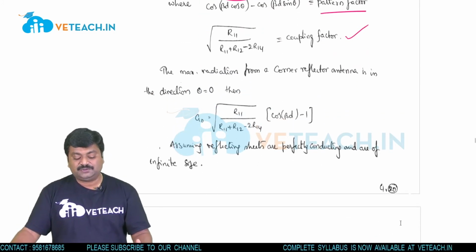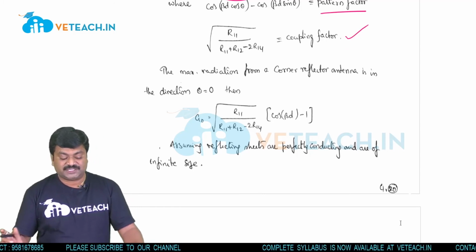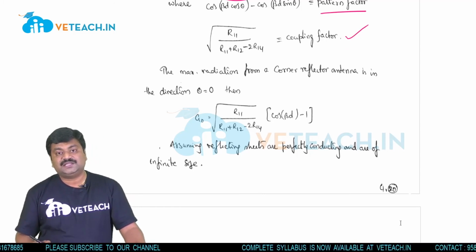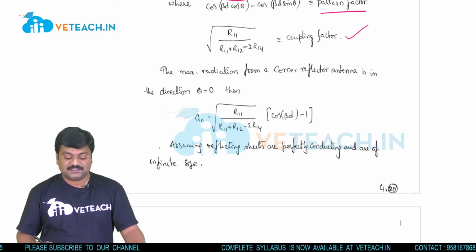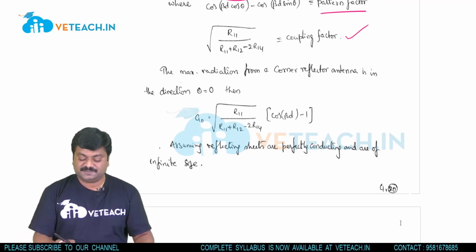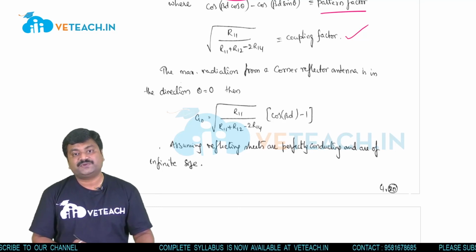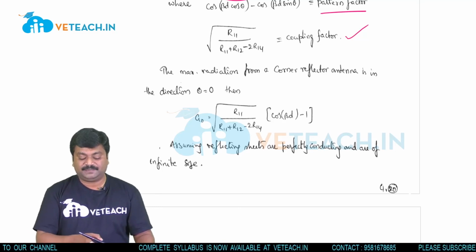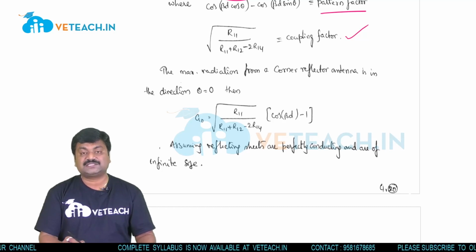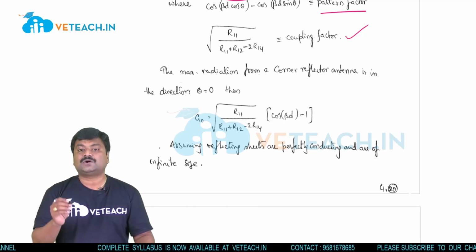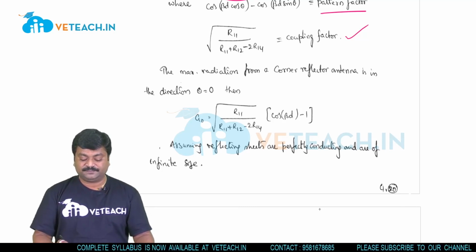And if I take maximum radiation here, theta is always considered to be 0. So when theta is 0, the gain will be square root of R11 by (R11 plus R12 minus 2 R14) into [cos(beta d) minus 1].